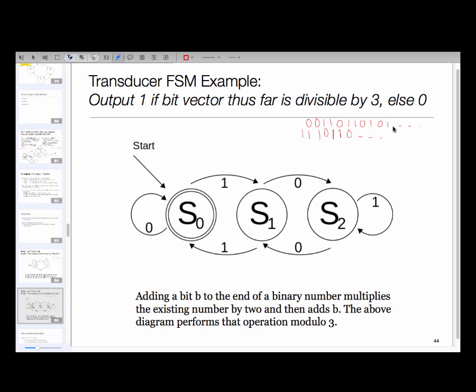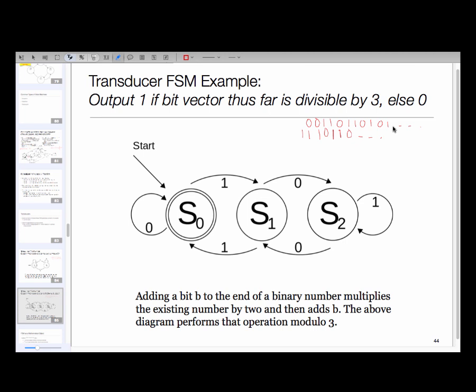If I get a 1, the new number is the old number times 2 plus 1. So if the old number was x and I get a 1, then the new number is 2x plus 1. As we just decided, 2x is divisible by 3. So 2x plus 1 would have a remainder of 1 with 3. So I should move to S1. So when I get a 1, I should move to S1.